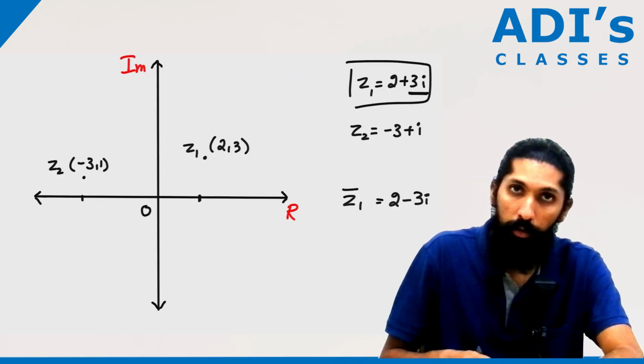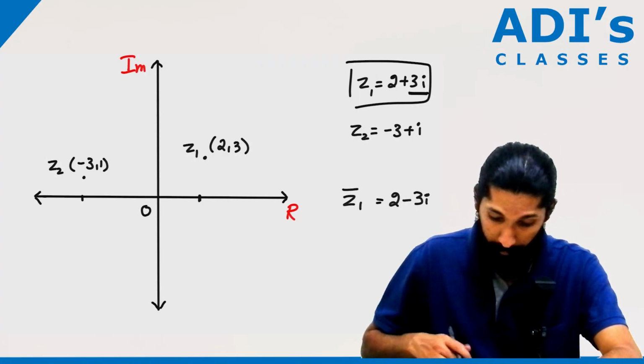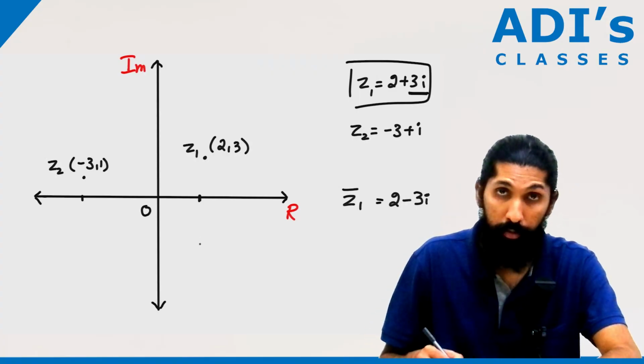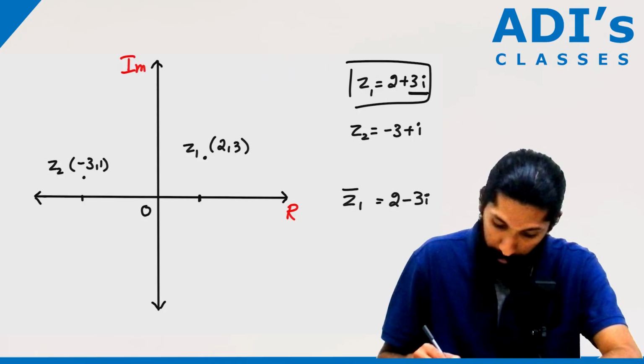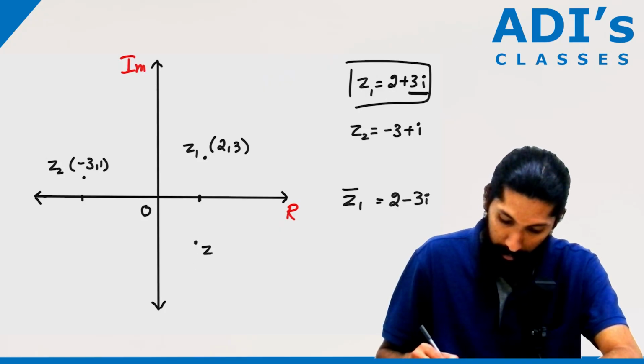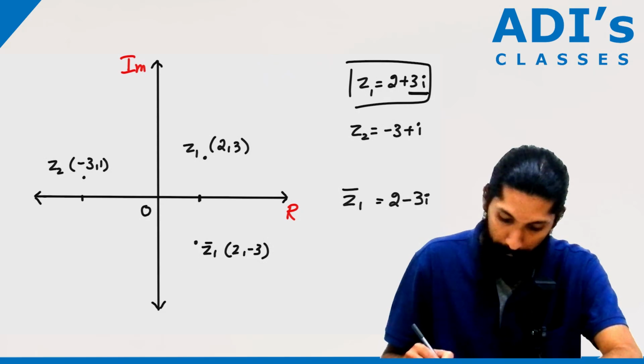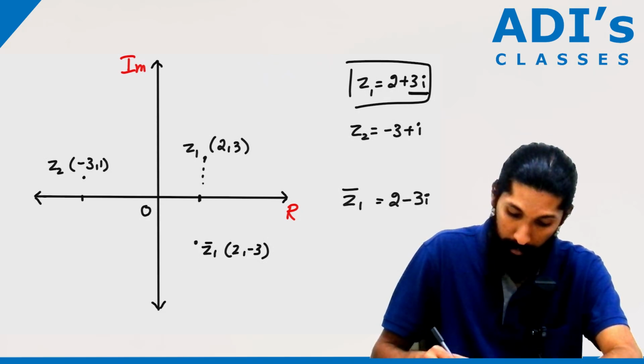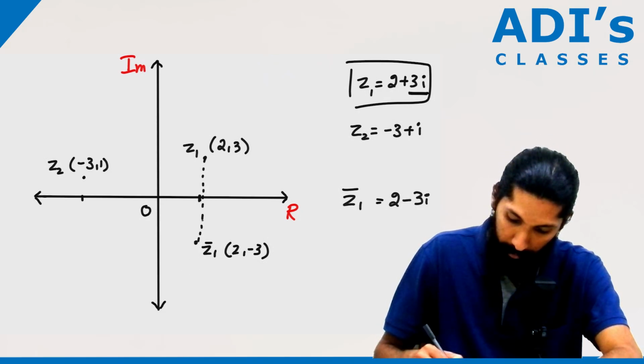Now plot this point along this Argand plane. You have 2 in the same position, minus 3i is going to be here. So this is z1 bar, which is 2, minus 3. Correct? So we are looking at this point here.